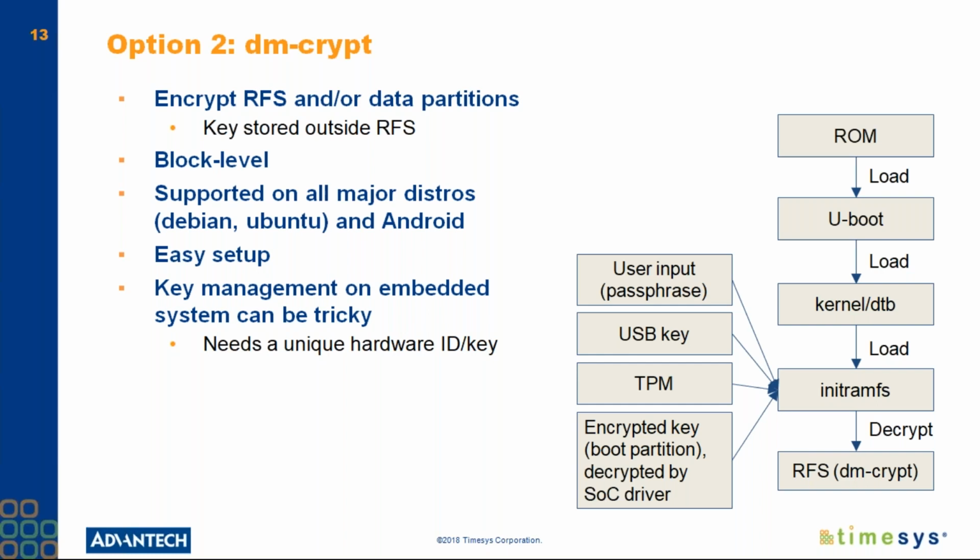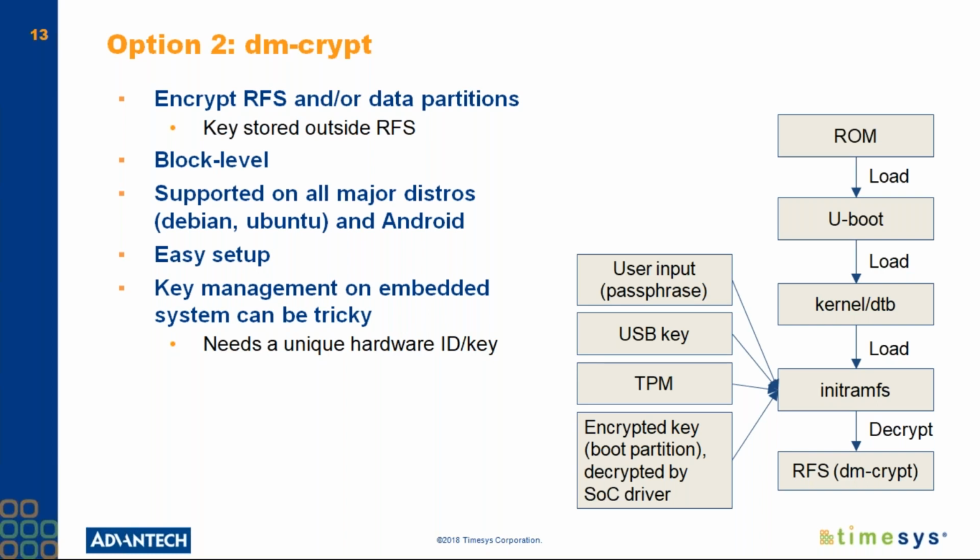To go into more detail as to how dm-crypt works, you have your ROM code which loads U-boot, U-boot then loads the kernel, which then jumps into an initramfs. The initramfs is basically responsible for unlocking your encrypted root file system and then mounting it.